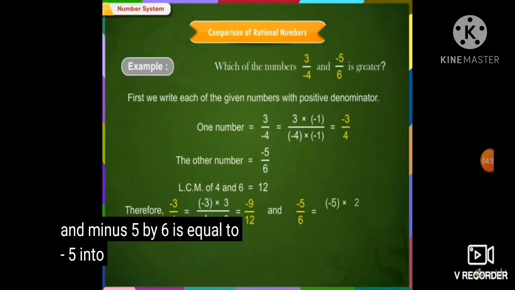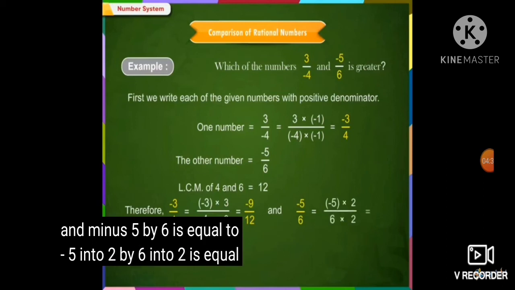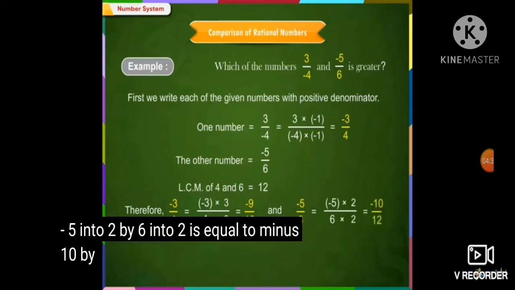So it is minus 9 by 12. You have to make the denominator the LCM, and to do that you multiply with the exact numbers.